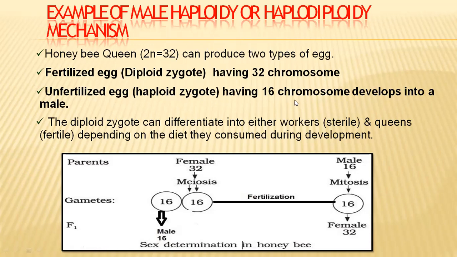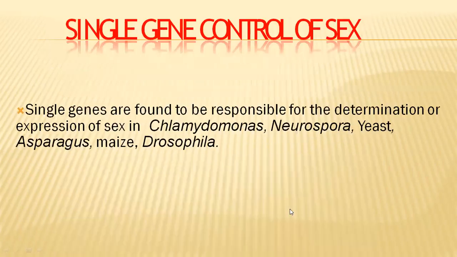The egg that possesses 16 chromosomes will develop into a male organism. And diploid zygotes can differentiate into workers or queens depending on the necessity of the colony. So in this way, the fertilized eggs develop into females and unfertilized eggs develop into males.